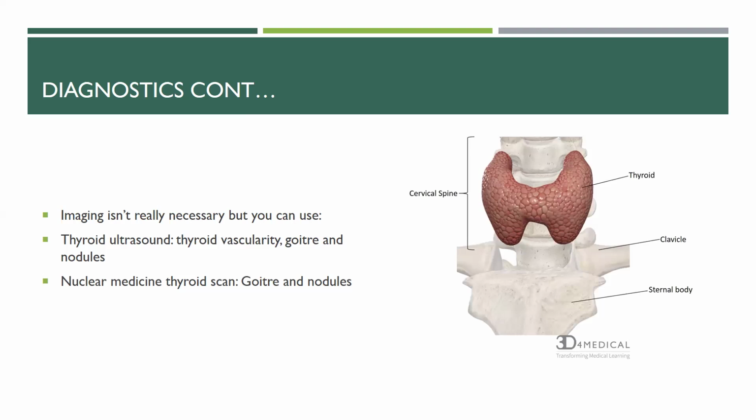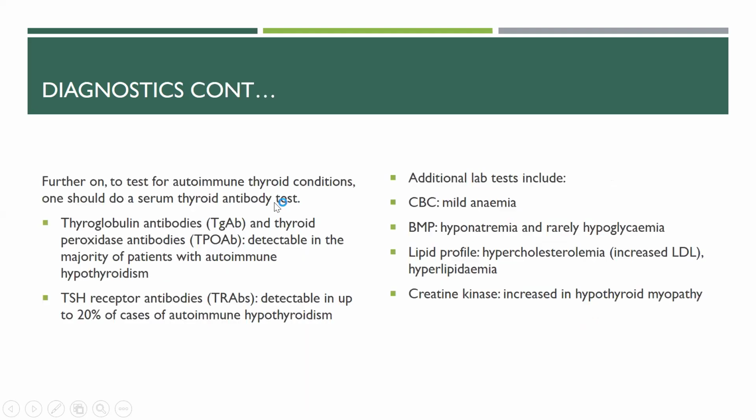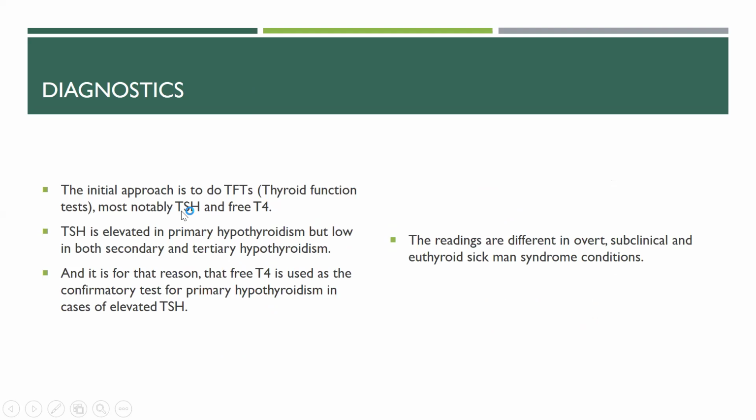If someone asks you, how do you diagnose, how do you test for hypothyroidism? Once you've exhausted all of these, you've exhausted TFTs, and TFTs you do separately. You say we'd first investigate TSH levels, then we'd look at free T4 levels.